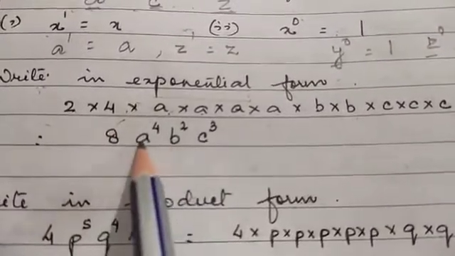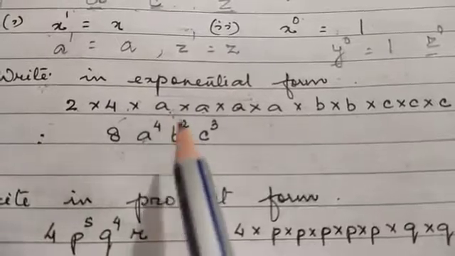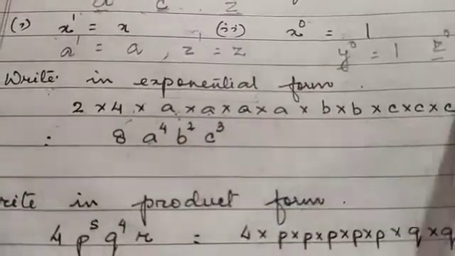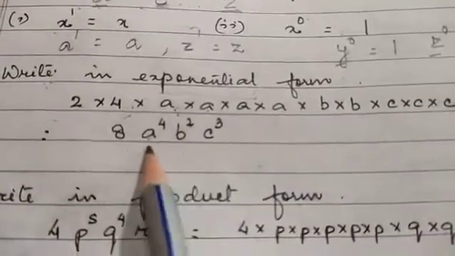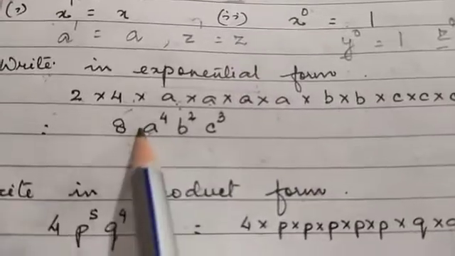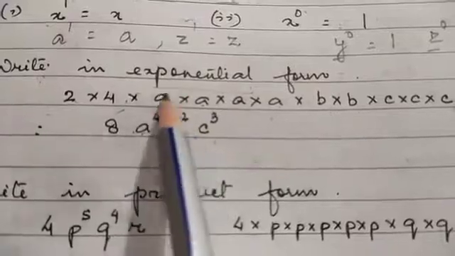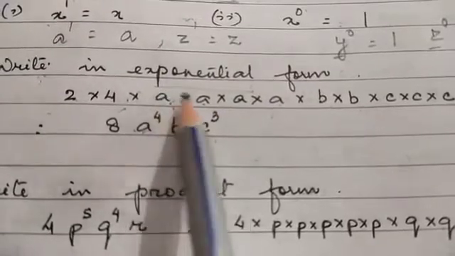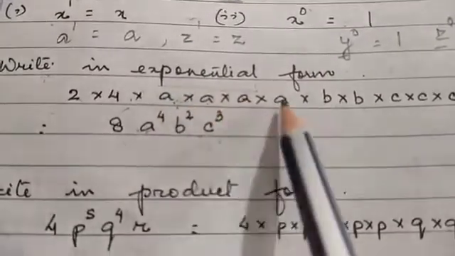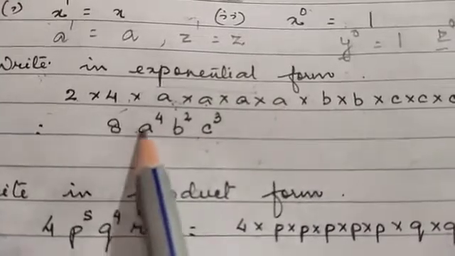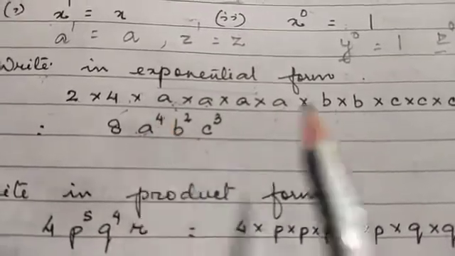A, B and C are the three variables, or three literals, used over here. So A, B, C, first you will write. Then A is being repeated how many times? 1, 2, 3, 4. A is multiplied 4 times. So A raised to power 4.